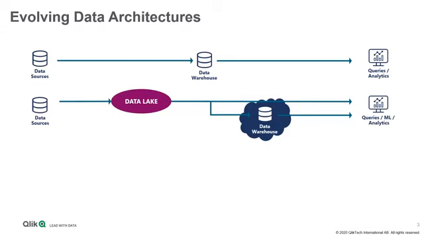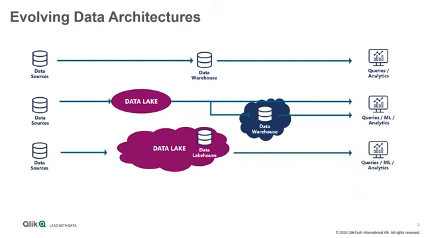What may have started with Hadoop on-prem and extending to a cloud warehouse where the data lake is feeding the warehouse, moving more toward really blurring the lines, and more of it's in the cloud than ever. Both data lakes, data warehouses, this notion of a data lake house where the data can reside in the data lake, doesn't need to be structured. It can be structured on the fly for analytics.